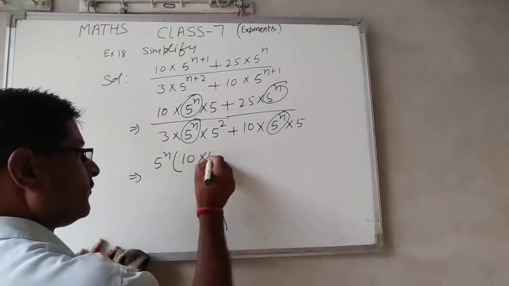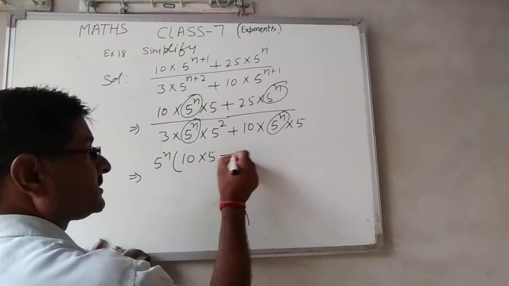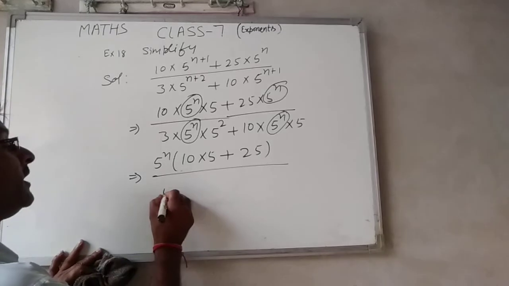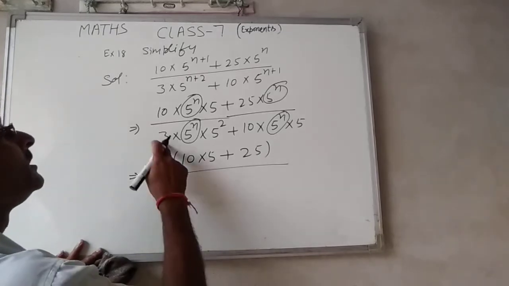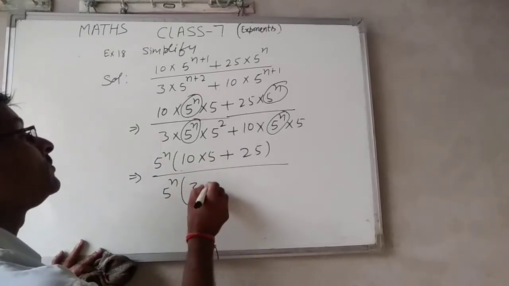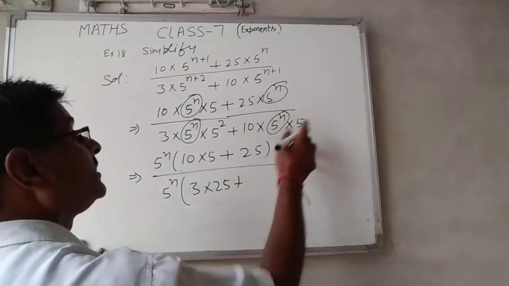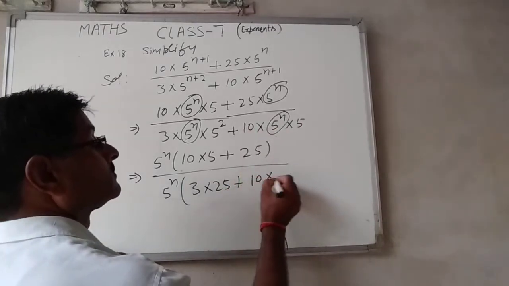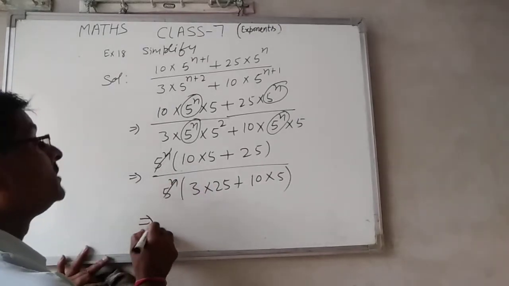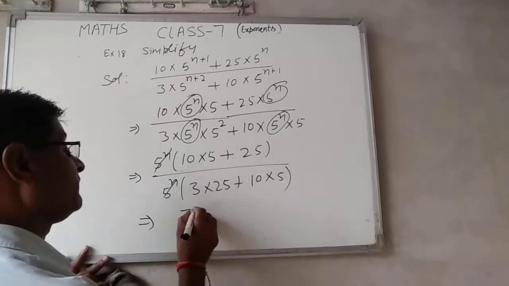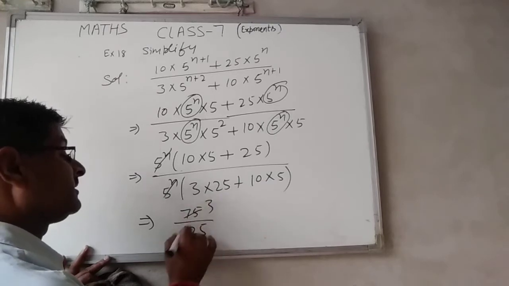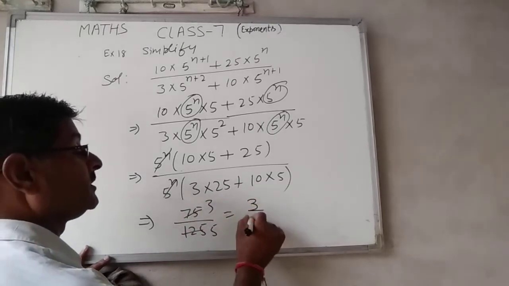So we get 10 into 5, these two multiplying, then plus 25, upon 5 to the power n also common. 3 multiply 5 to the power 2 is 25, 3 is 75, or you can write 3 into 25 plus 10 into 5. So following the board marks rule, this cancels in both. Equal to 10 fives are 50 and 25, 75; 75 and 50 is 125; 25 threes and 5 fives, equal to 3 by 5 is the answer.